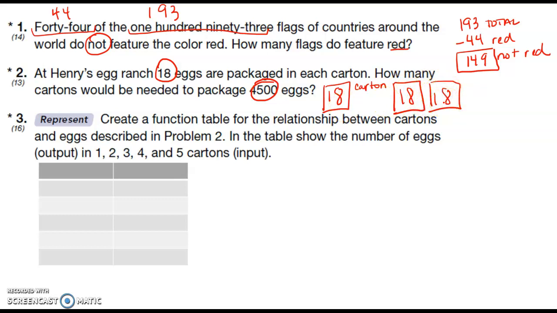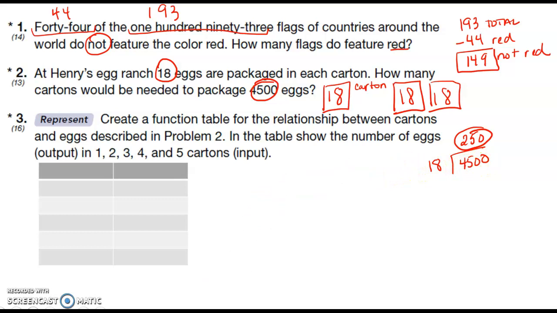That's 36 plus 18. So what I'm going to do is go ahead and divide 4,500 by 18 to see how many cartons I need. And I get 250. Okay, so 250 cartons times 18 eggs in each carton should give me 4,500.